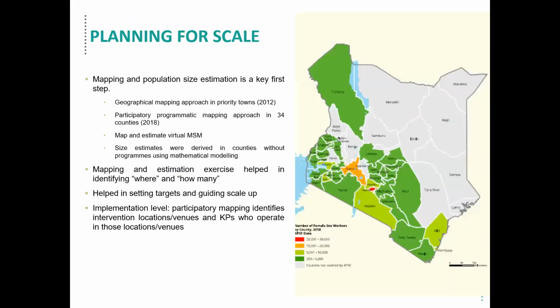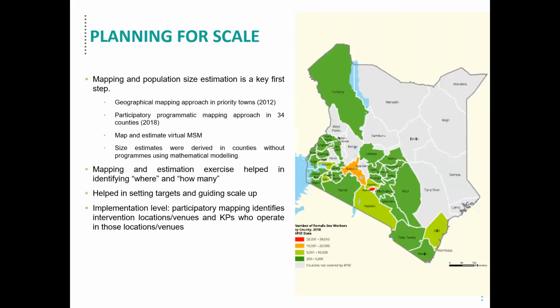Next slide. So when we are planning for scale, mapping and population size estimation is a key first step. We carried out a geographical mapping approach in priority towns in 2012. And we had this participatory programmatic mapping approach in 34 counties, which for MSMs we did virtually.